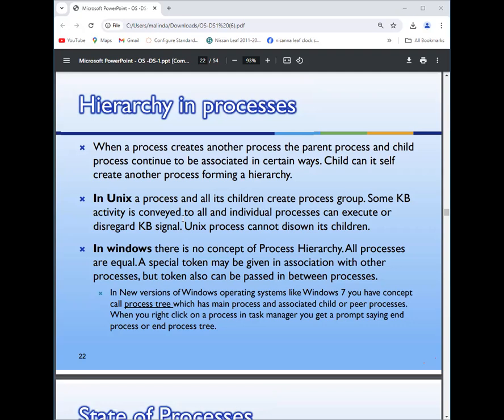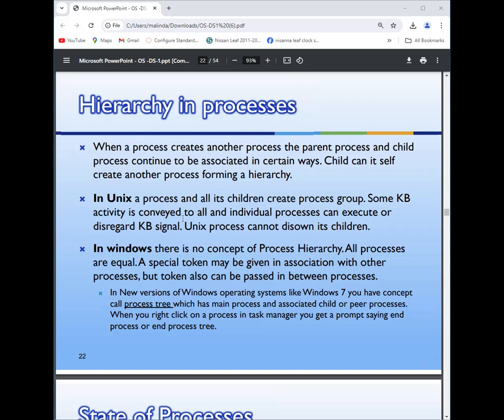But maybe there is a special association, like linking a process, but it is not directly a parent-child sort of relationship. There is an association, so there can be a similar grouping. Therefore, you can send data between those different created processes.